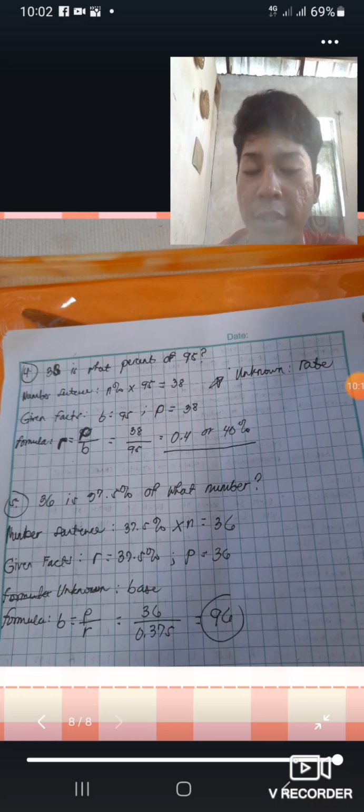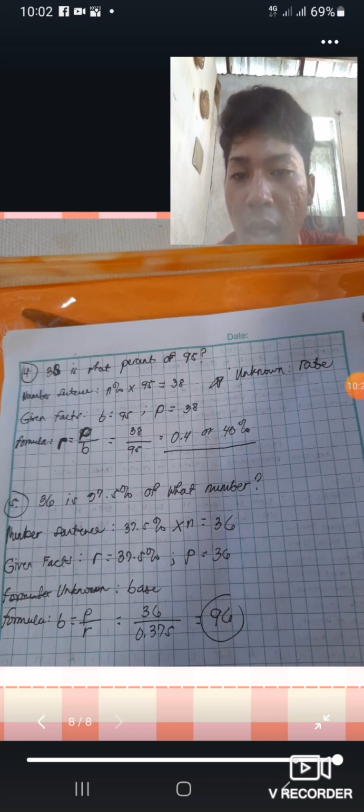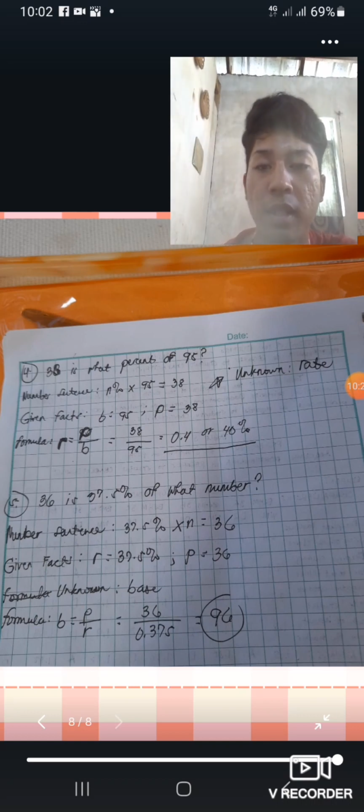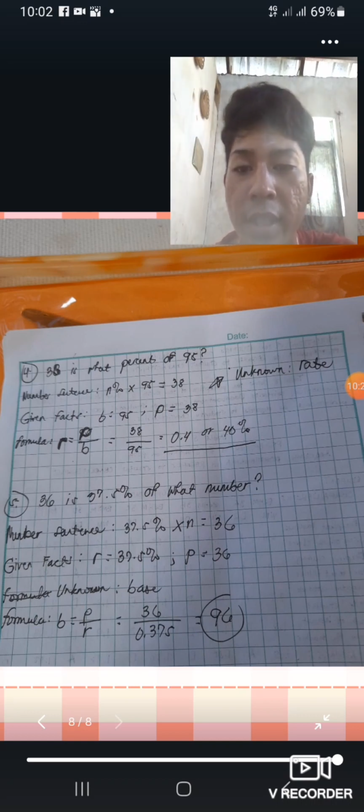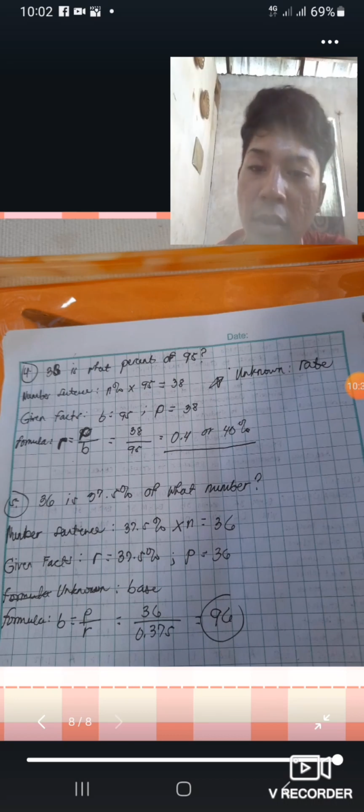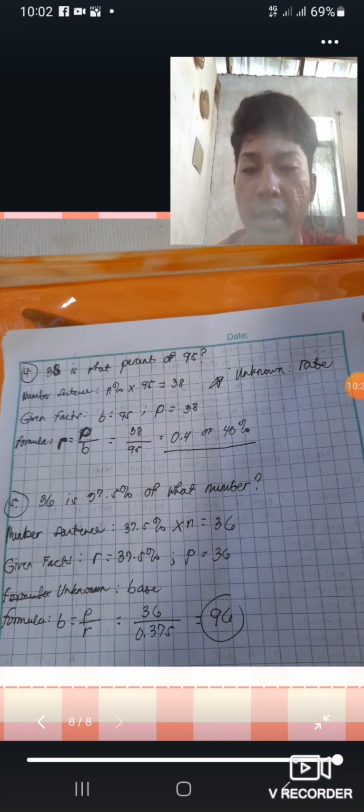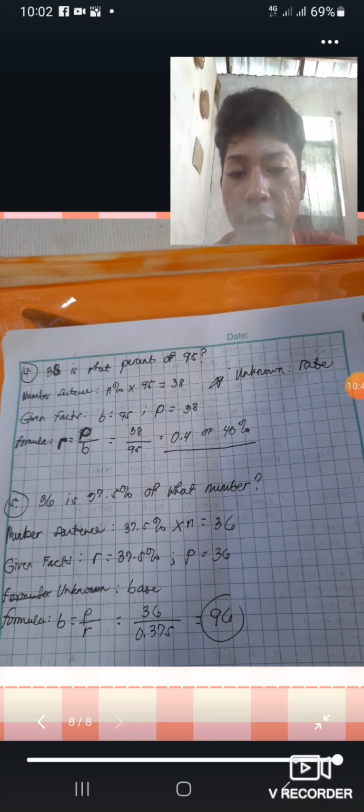The formula is R equals P over B, since we are looking for the rate. So 38 over 95 equals 0.4, and then we translate it into percent, that is 40%.